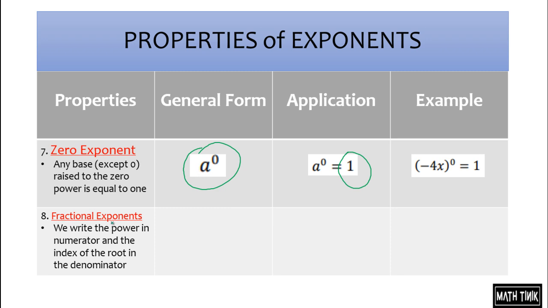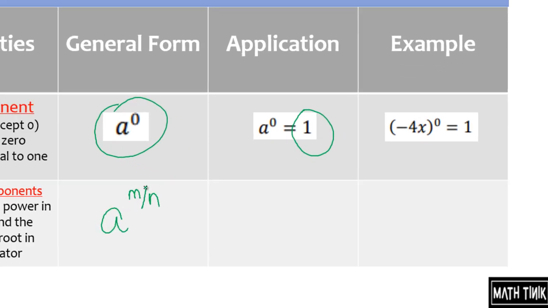Okay, fractional exponents. For fractional exponents, we write the power in the numerator and the index of the root in the denominator. So for a fractional power, it is like this. You have a as the base, and then a power or an exponent which is a fraction, m over n. You may write that as the nth root of a raised to m, and you put n as the index of the root.